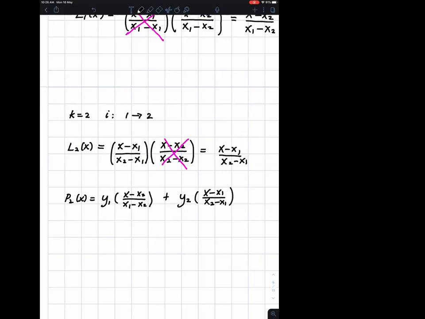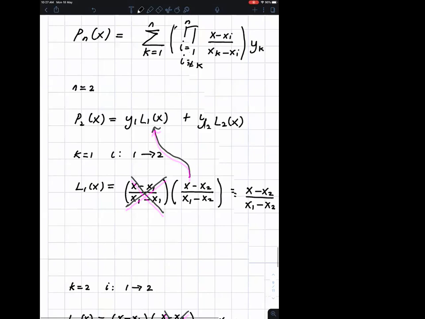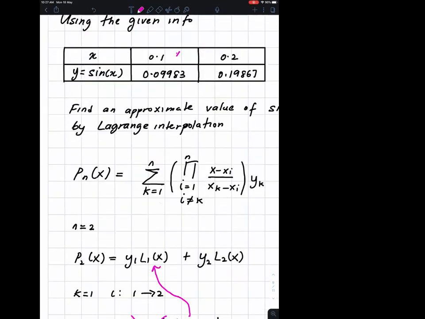Any questions so far? So these are the data points given to you. This is, for example, x1, x2, and this is y1 and y2. Just use it in that formula.